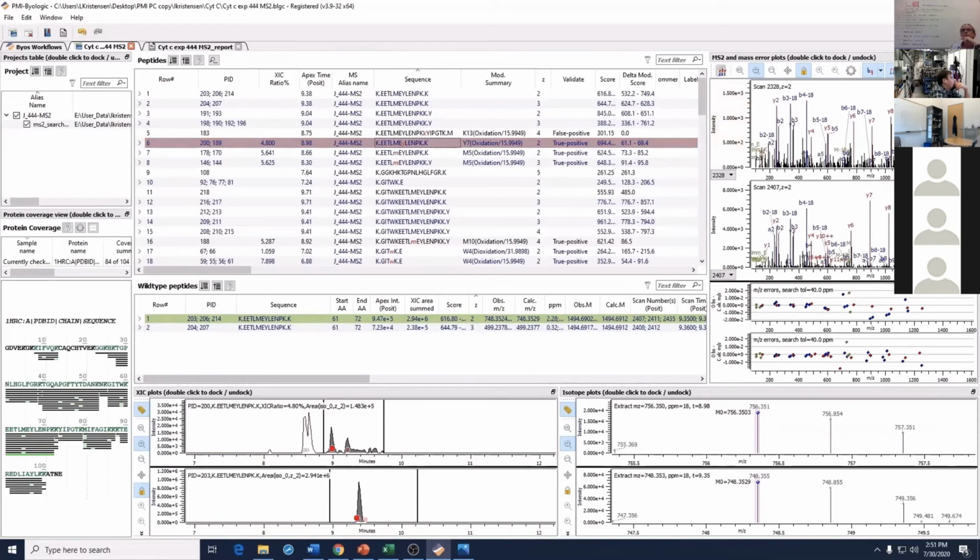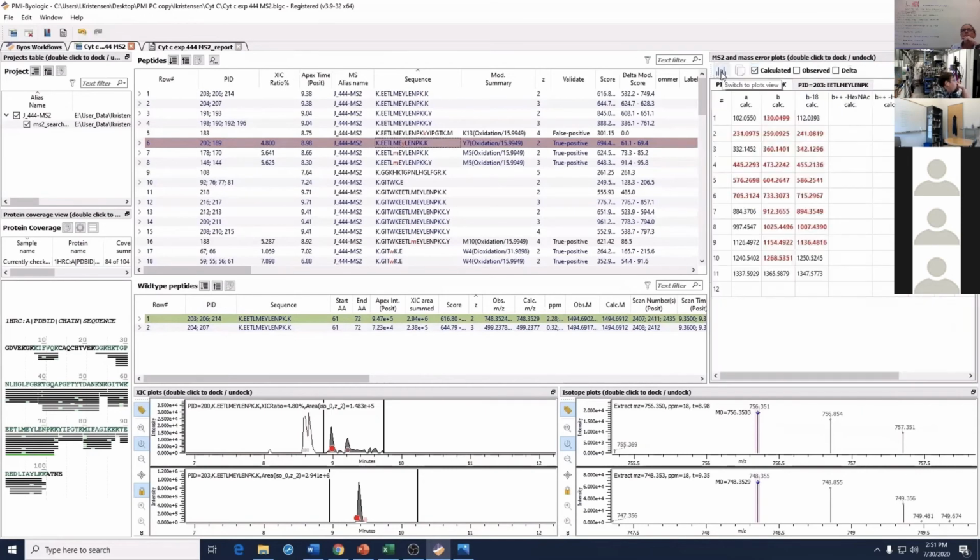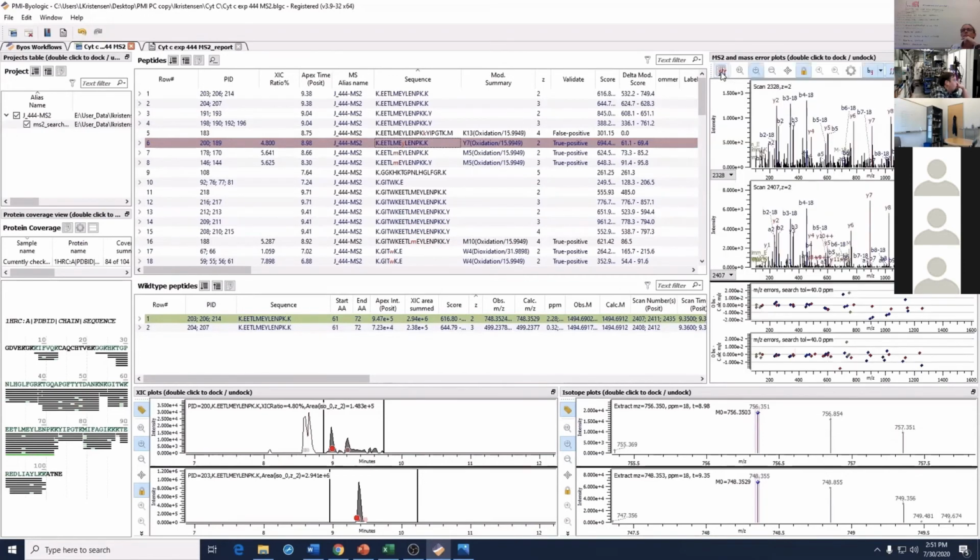Over here to the right, we have the MS2 fragment ion spectra, and you can also view that data in a table view format, which is very helpful. And then finally, here in the bottom right part of the screen, we have the associated isotope plots.